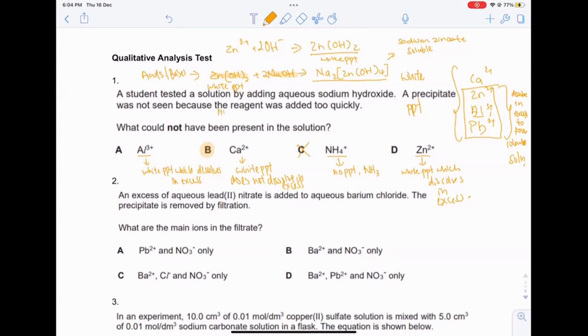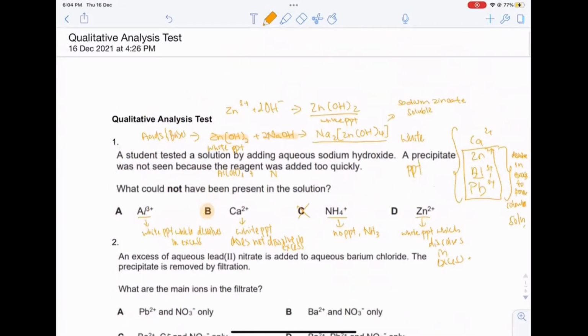So Al(OH)3. The white precipitate will be aluminum hydroxide. You all know that, right? Basically, when you add sodium hydroxide or aqueous ammonia, no matter which one you add, all the precipitates are hydroxides. So this is white. I think I should shift it on top. I don't think this is a very good position to put it.